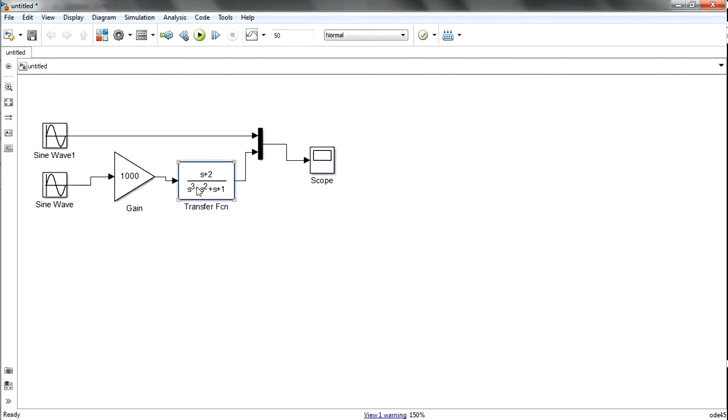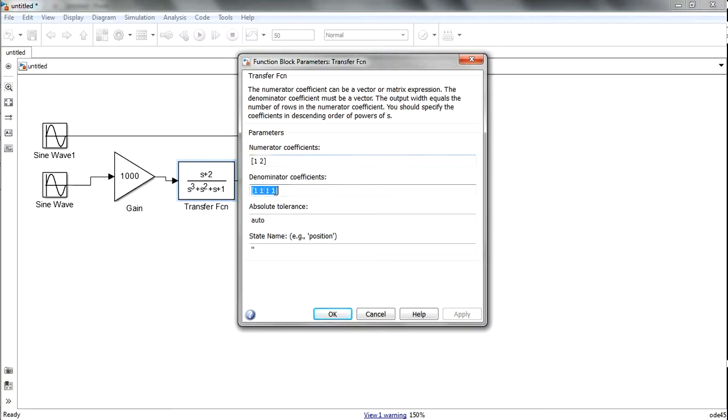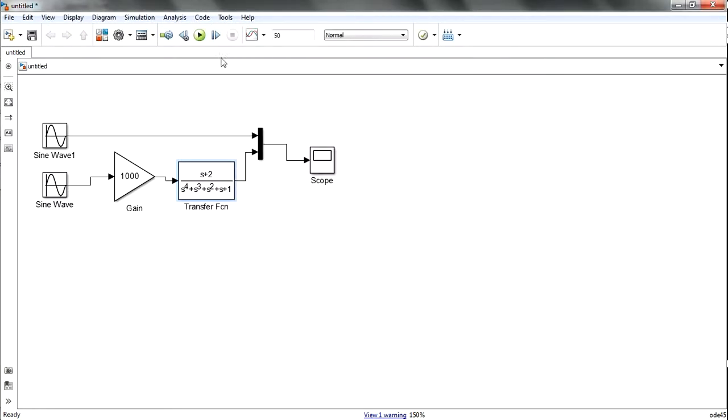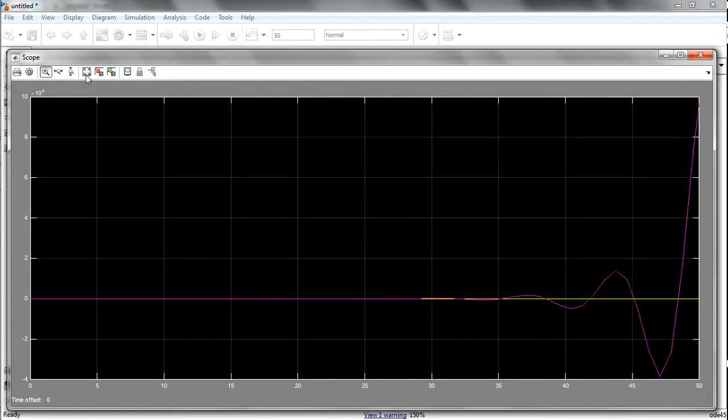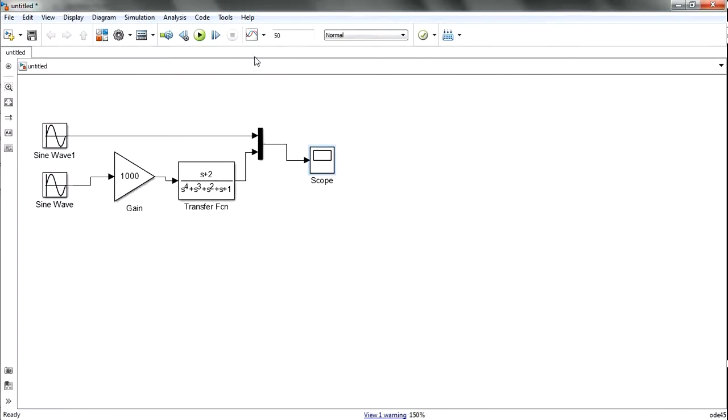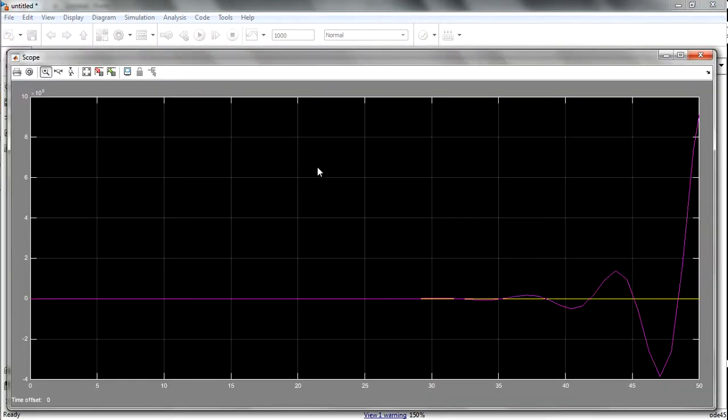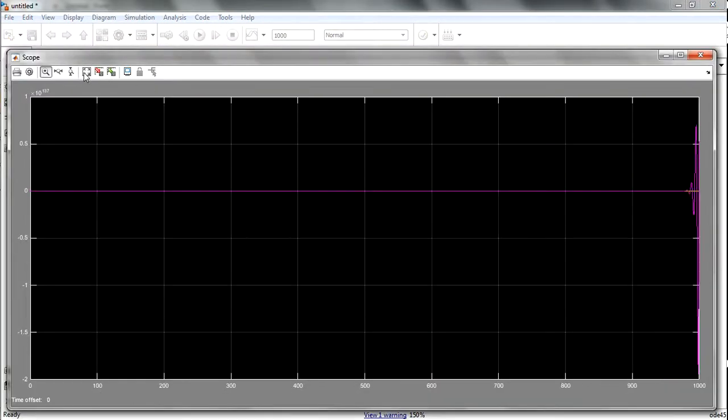Let's say if I were to further increase the number of poles, it has already crossed my limit. What will you see? As you can see, it is pretty much very unstable now. If I were to even set the time to 1000 seconds, you see, it is very unstable.